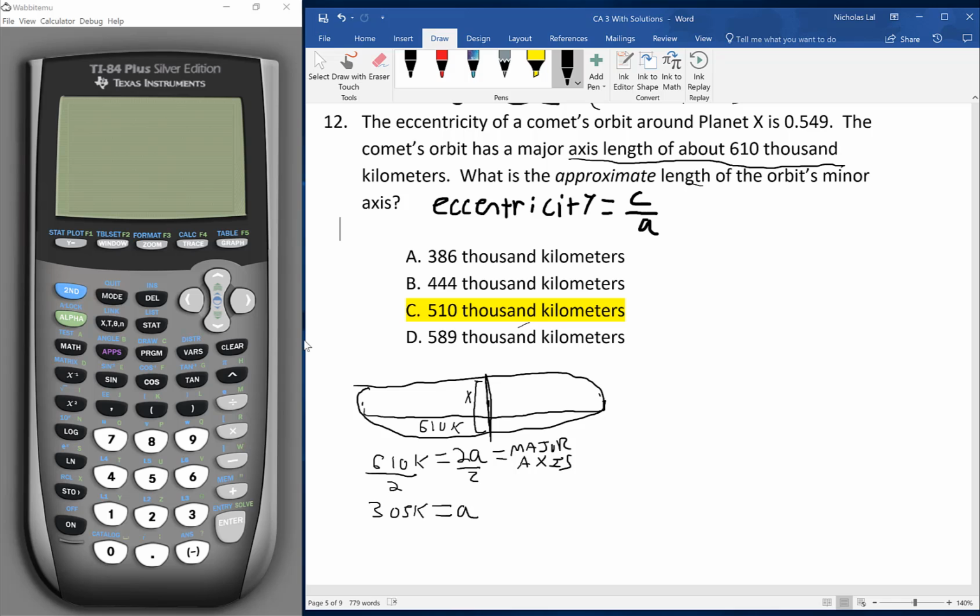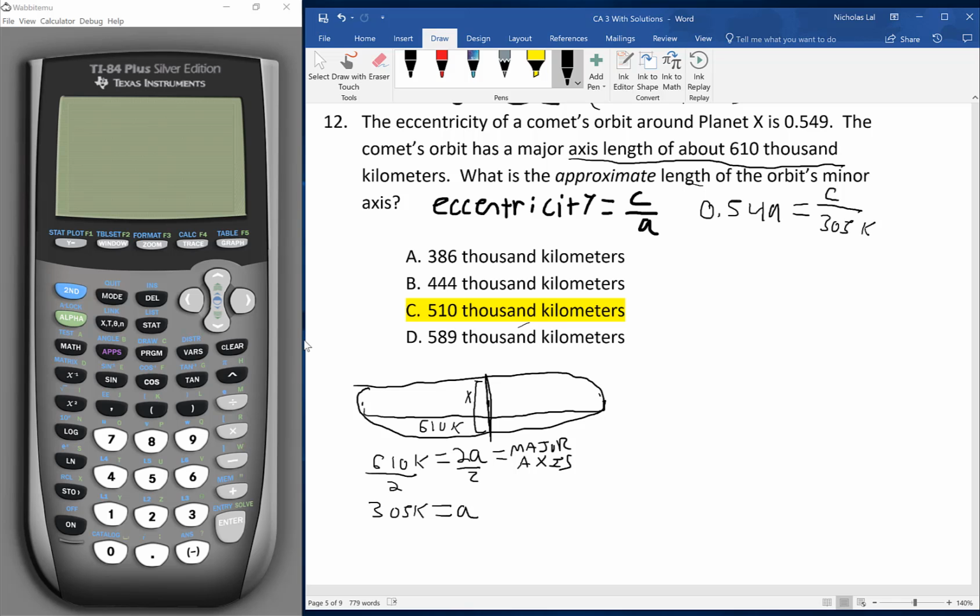And the eccentricity is c over a, which means 0.549 is equal to c, which we don't know, over a, which is 305,000.